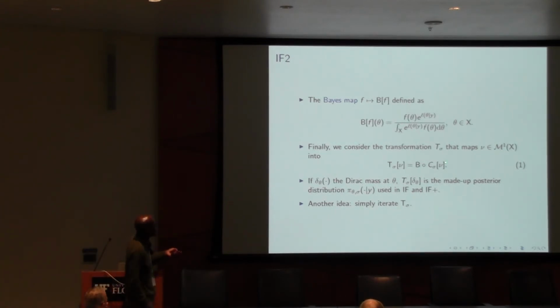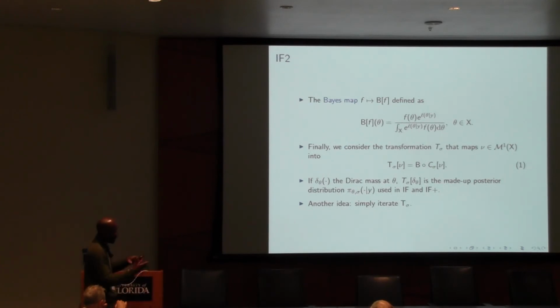If I choose this measure nu to be the point mass at a particular point theta, so delta theta, and I plug the Dirac measure delta theta into this C sigma map here, of course that just gives me a Gaussian density with mean theta, and I use that through my likelihood function through the Bayes map.